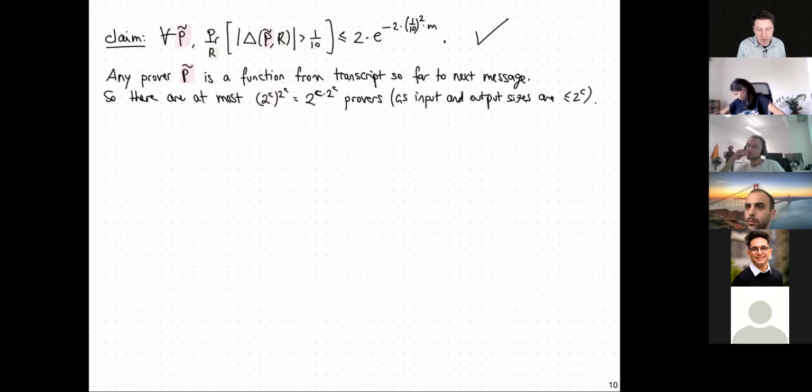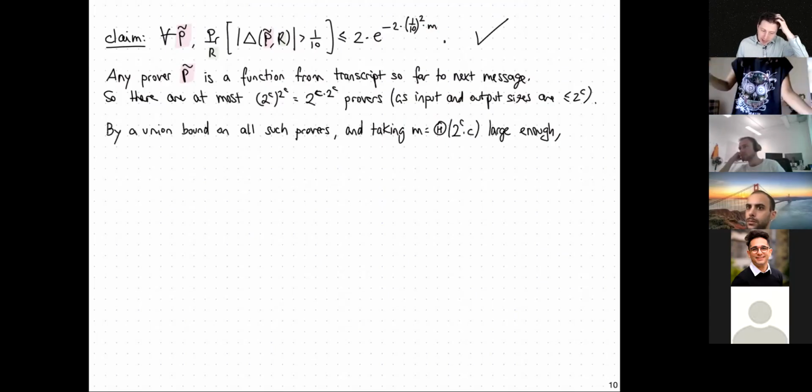This is the number of such functions. So there's at most 2 to the c times 2 to the c provers. This means that if we drive down this probability small enough, we can take a union bound over all provers, okay? Because we don't have too many provers. So the one place where we're using that the transcript is small is that there cannot be too many malicious provers, all right?